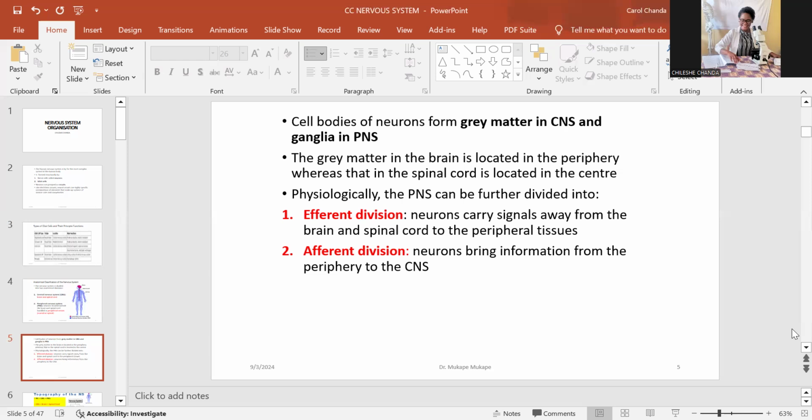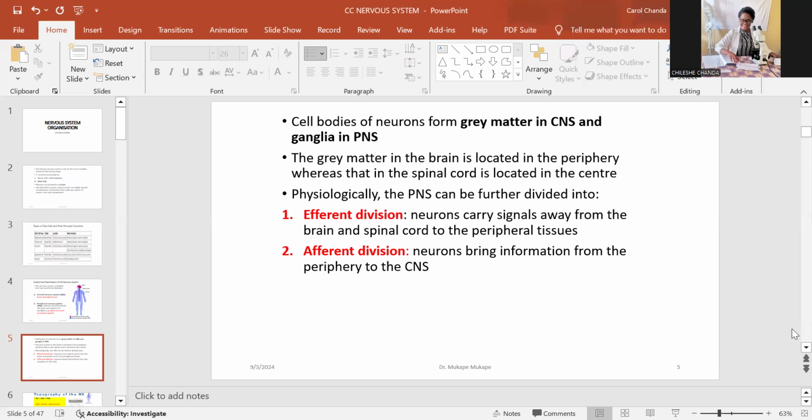Physiologically, that is in terms of function, the peripheral nervous system can then be divided into an efferent division and an afferent division.